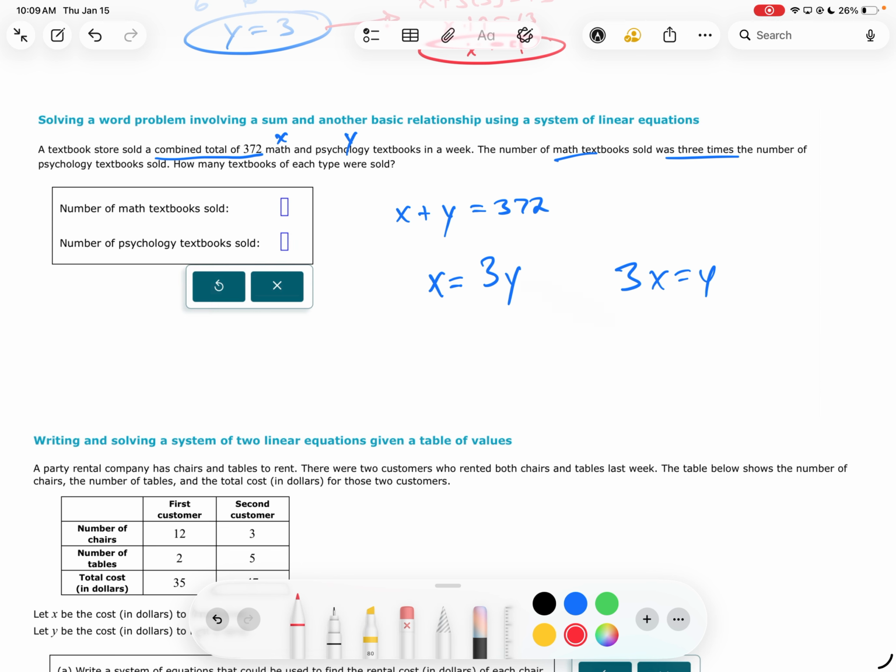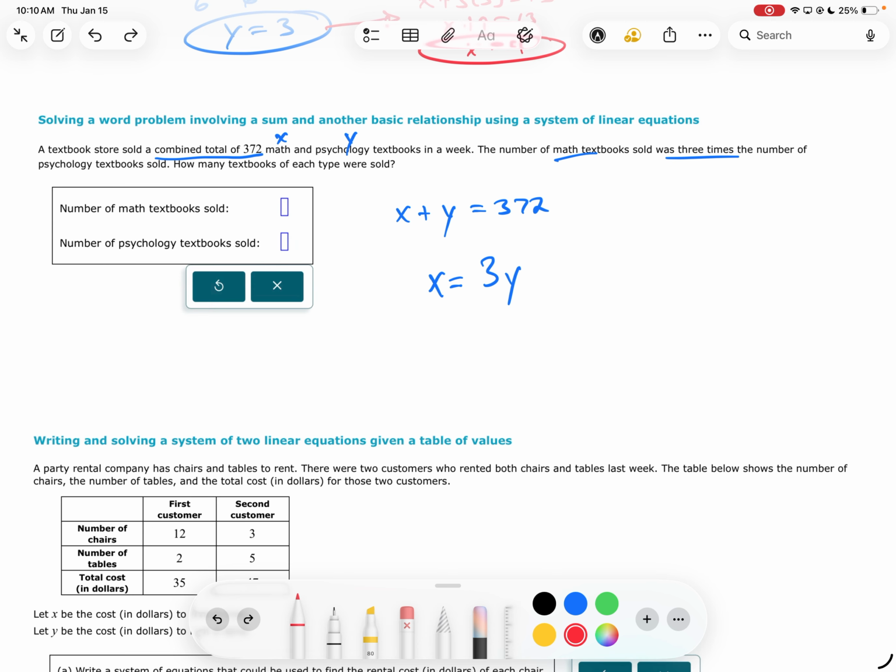If I sell 10 psychology books, that means math would have 30. So that would be 3 times the amount. Math would have 3 times more than that, right? Whereas if you did it this way, you'd plug the 10 in here, you'd have 30 psychology and 10 math, okay? So take 2 seconds to think about it, plug in a number to make sure you got it right. But math is equal to 3 times psychology, actually.